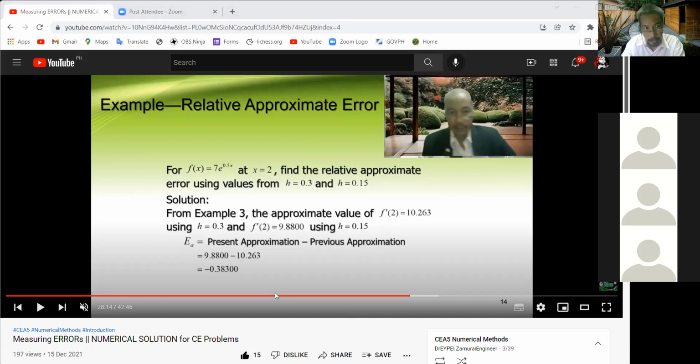So 0.38333 divided by 9.8797 equals what? Negative 0.0388. So 388.